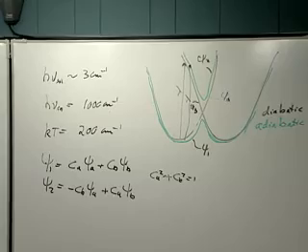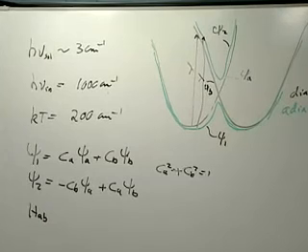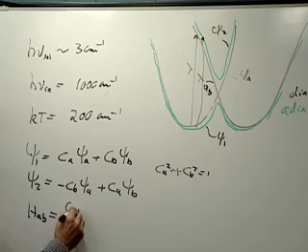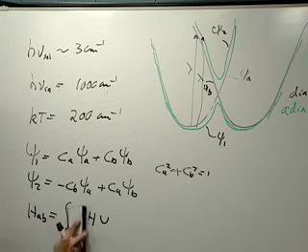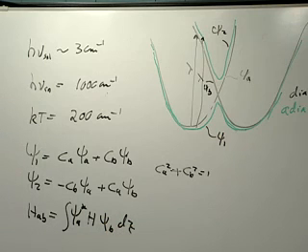And when I talk about HAB, what I'm talking about is the integral of psi A star H psi B, and then I integrate over all space. Okay, so it's the interaction of the diabatic surfaces.